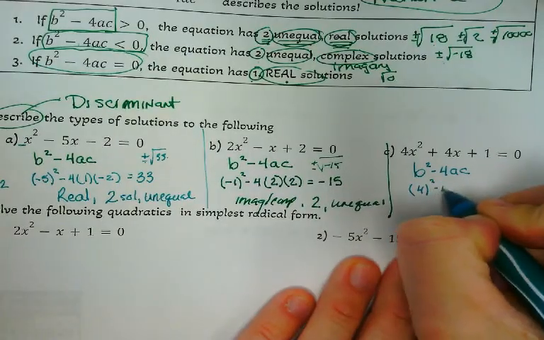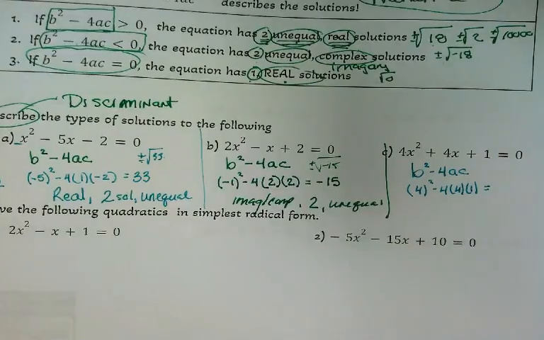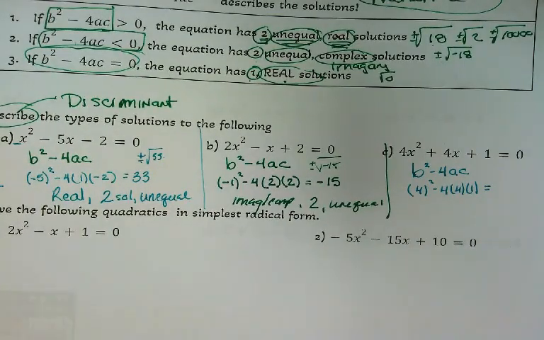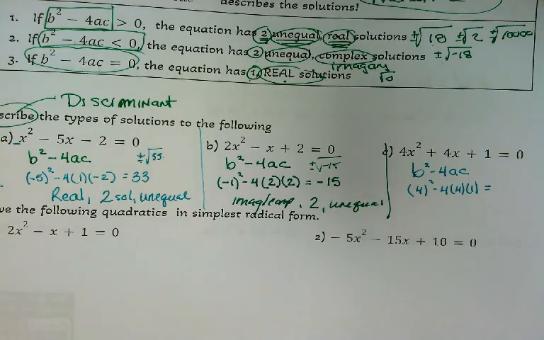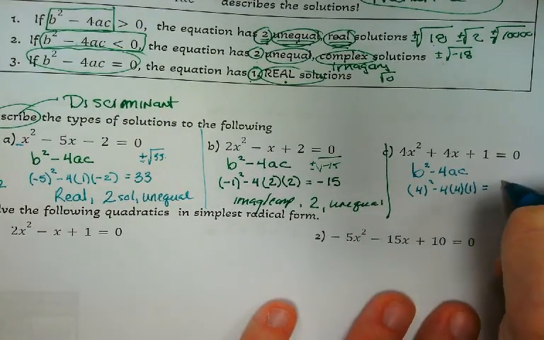So 4 squared minus 4 times 1 times... What do we get for that one? Gabe, what'd you get? 0.